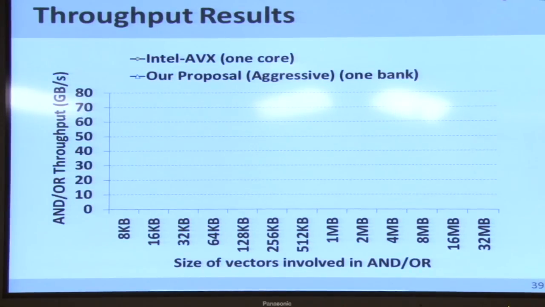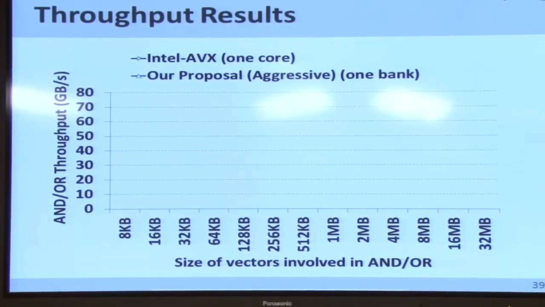As the size increases, we have to do more and more operations. Oh, actually no, we are not comparing the number of operations, we are comparing the throughput. It should not change. It should be constant.